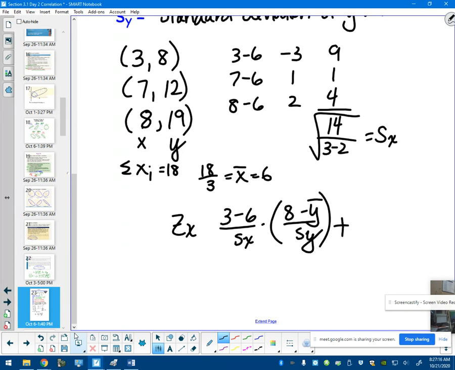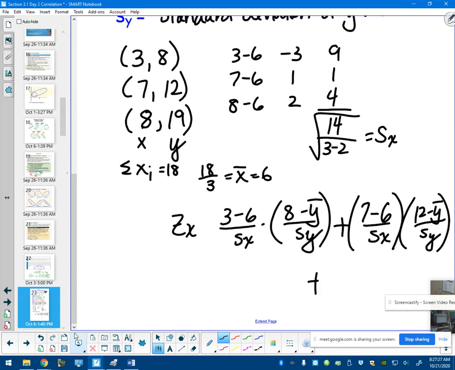And then you add that to the 7 minus the 6 divided by s of x times the 12 minus the y bar divided by s of y. So can you imagine if there were more than 3 data points, how long this is going to take him? Not very long, because he's a calculator and he has a microchip for a brain, but it's kind of like when we talked about the normal probability plot. There's a lot going on to calculate r. That's why we didn't talk about it yesterday.